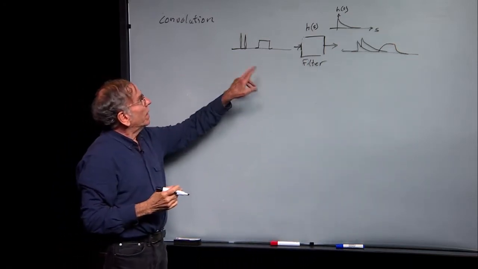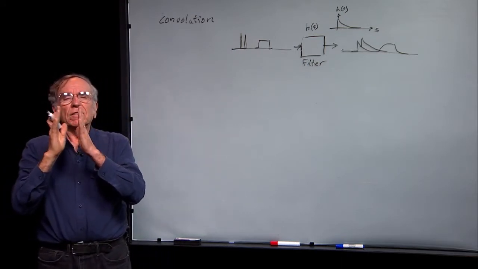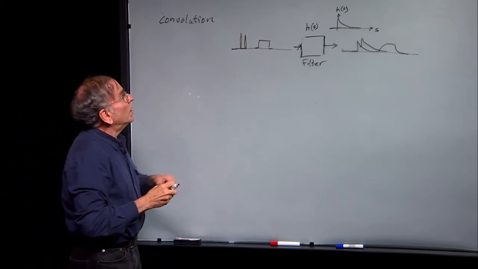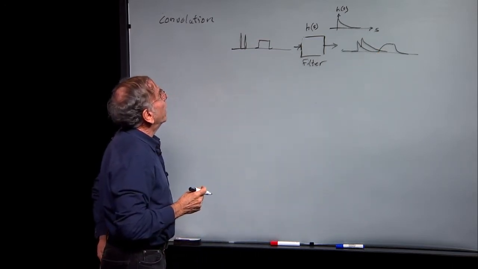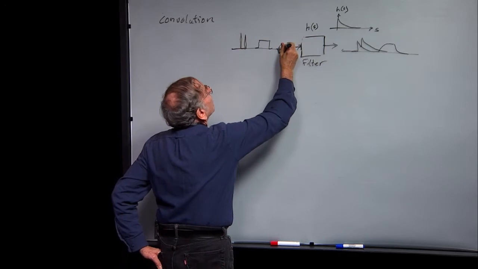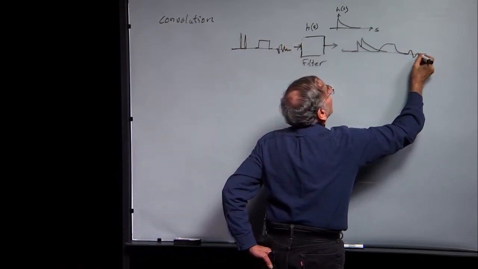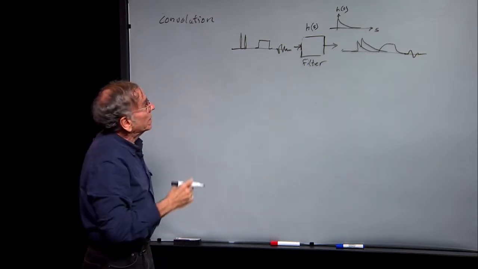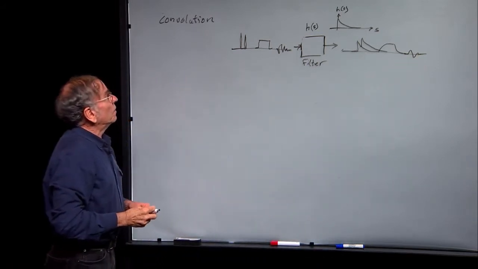You can imagine how that would work, because if you model the rectangular pulse as closely spaced delta functions, it will build up and decay like that. And in general, you give me any sort of signal, and out will come a signal that is, in this case, kind of smoothed off.